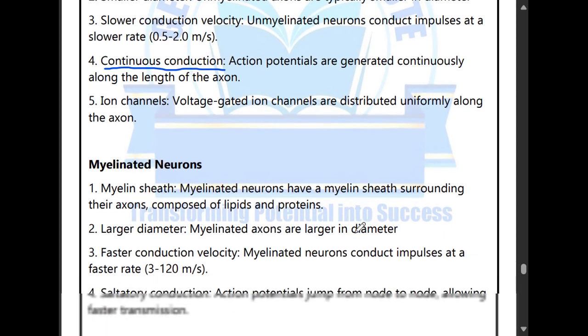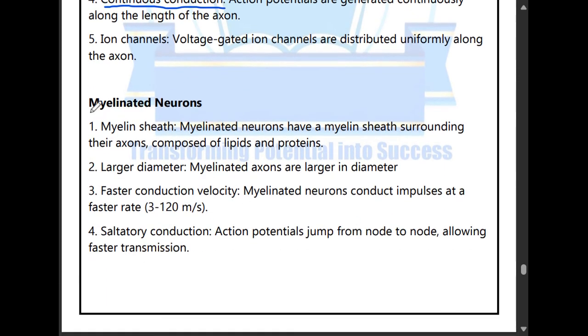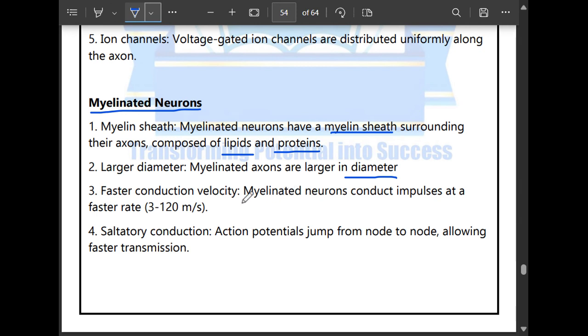Then let's talk about myelinated neurons. They have a myelin sheath surrounding their axons, and the myelin sheath is composed of lipids and proteins. In contrast to unmyelinated neurons, they have a larger diameter. Conduction in myelinated neurons is much faster, we have faster conduction velocity.